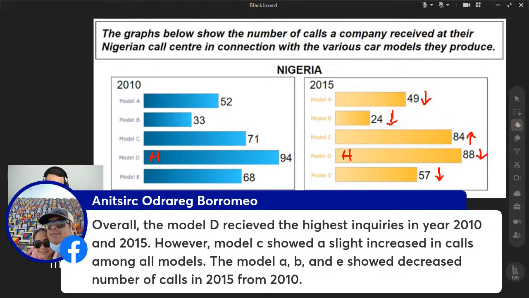It's breaking down communication. Showed a slight increase in calls among all models. Model C was the only model which showed an increase in the number of calls. And then you've already said that because you said it's the only one that showed an increase, you don't need to say anything about the other ones. You don't need to mention them by name because you've already discussed them in that first sentence.